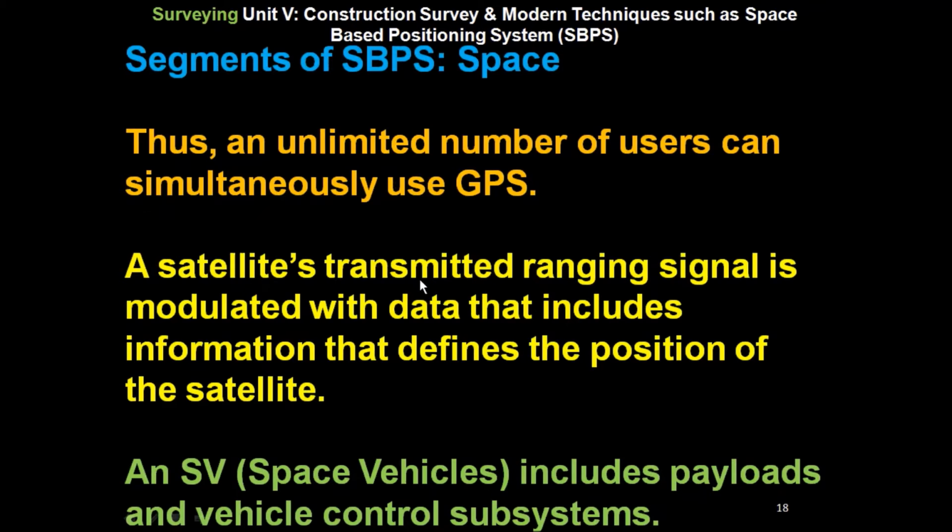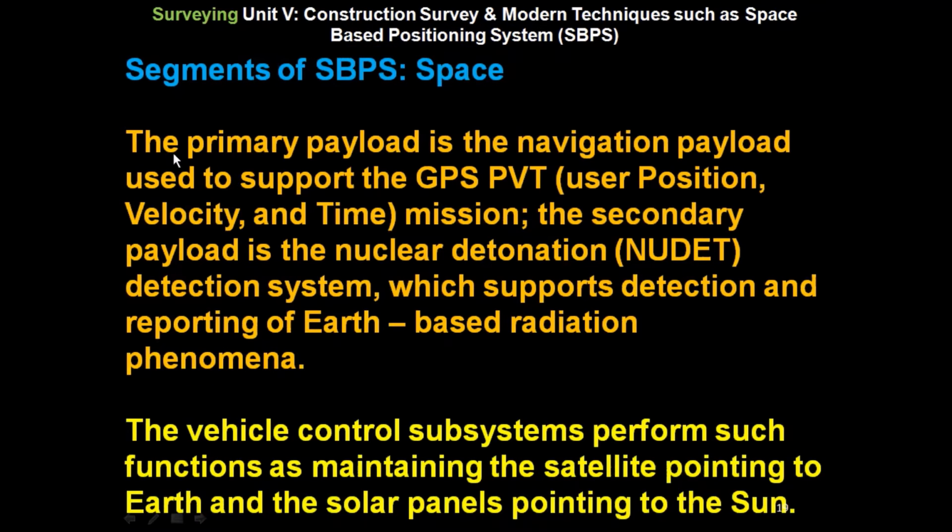A satellite transmitted ranging signal is modulated with data that includes information that defines the position of the satellite. And SV, that is space vehicles, includes payloads and vehicle control subsystems. The primary payload is the navigation payload used to support the GPS PVT, that is user position, velocity and time mission.